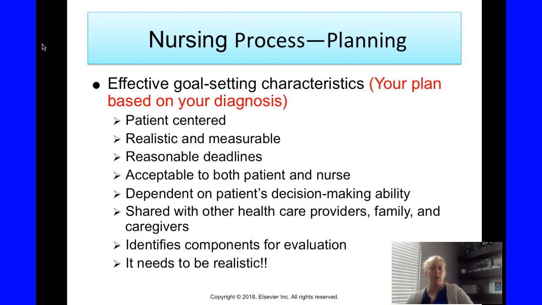Pulse oximetry is when they put that little thing on your finger and it checks the amount of oxygen on your hemoglobin to see if you are breathing okay. Normal is 95 to 100 for a healthy person. If you have chronic lung disease, and a lot of smokers after a long period of time, you're lucky if you get 90, 92. So again, that's talking about being realistic.